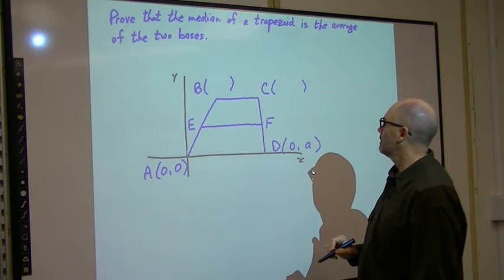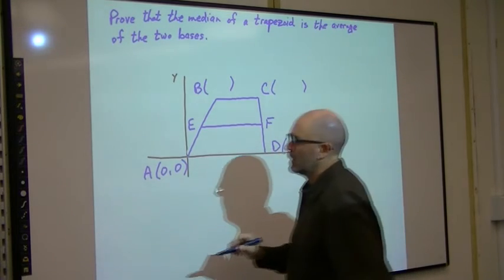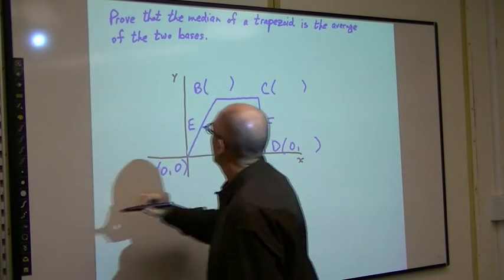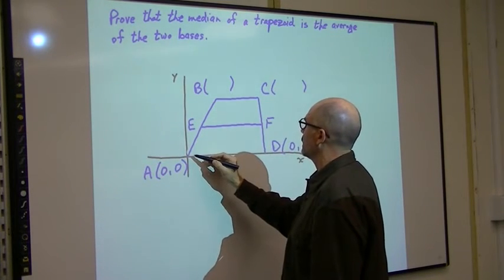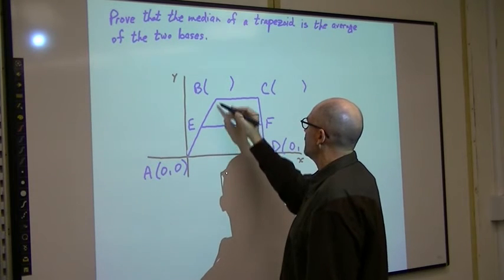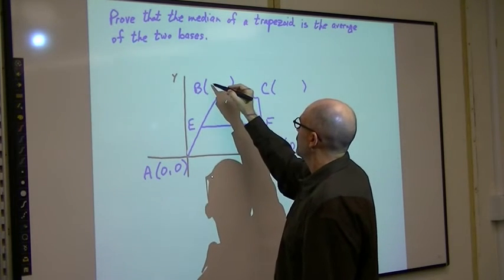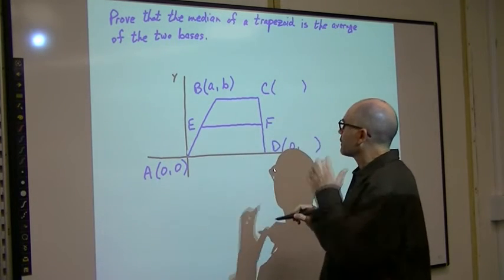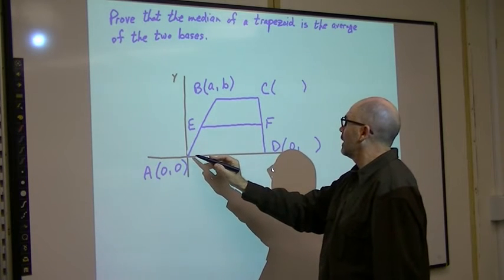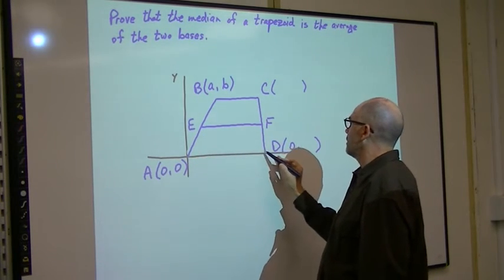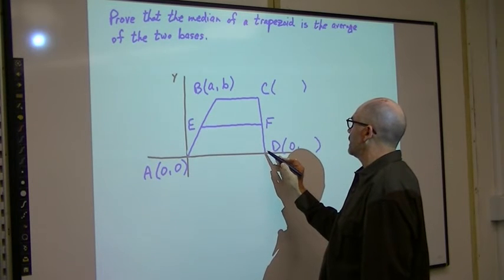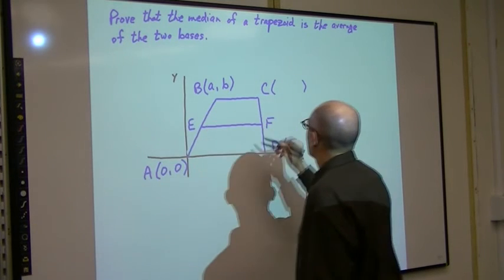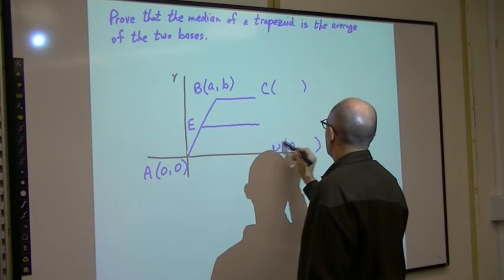Now, actually, before we, let's not name that A yet. Let's go up here, and we're going to call this some A distance and some B distance. So this is going to be A, B. Now, okay, the C is going to have to be, you know what, I'm going to make this a little bit steeper.